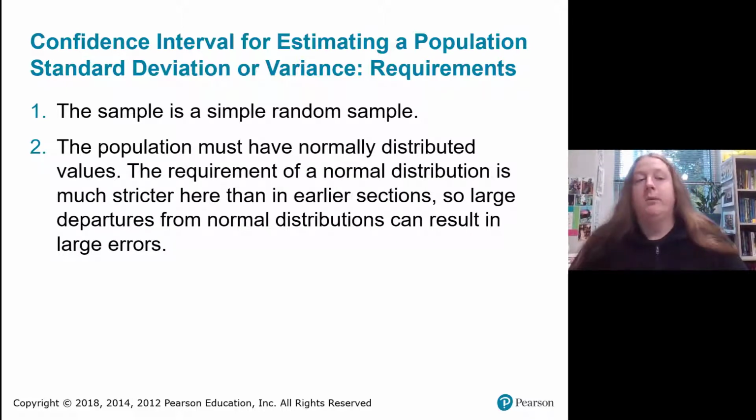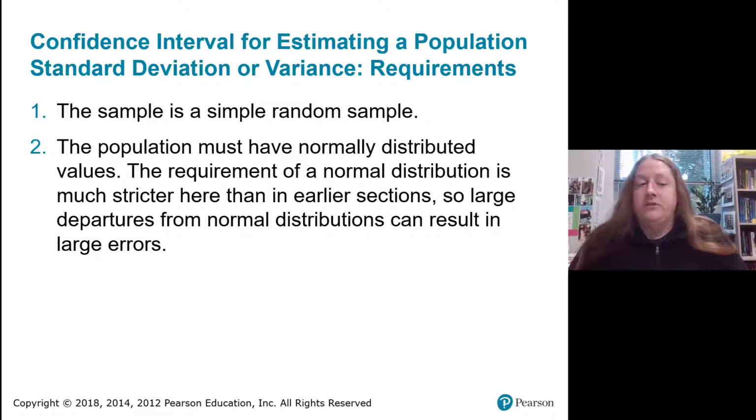Let's talk about our requirements to even be doing this confidence interval. So as has been the case in all of these, we need our sample to be a simple random sample. And our second requirement this time is going to be that our population must have normally distributed values. The requirement of a normal distribution is much stricter here than it has been in earlier sections.